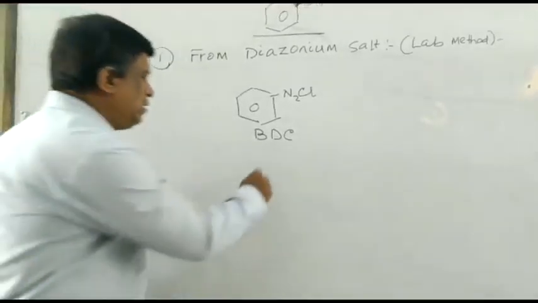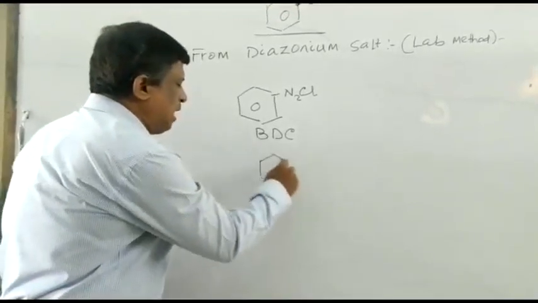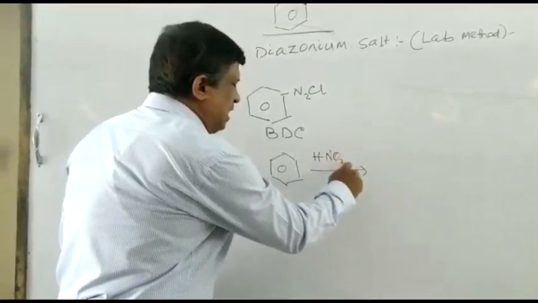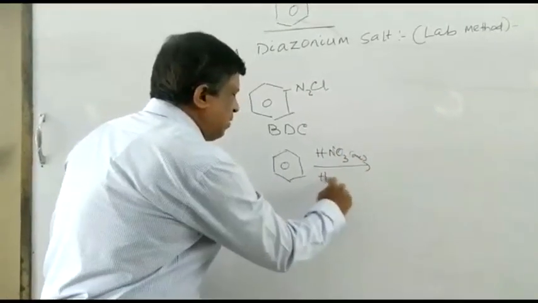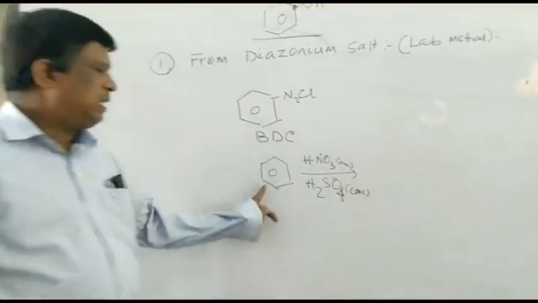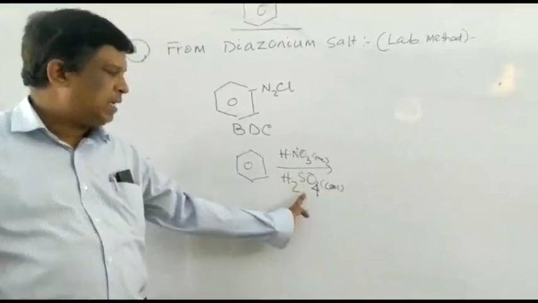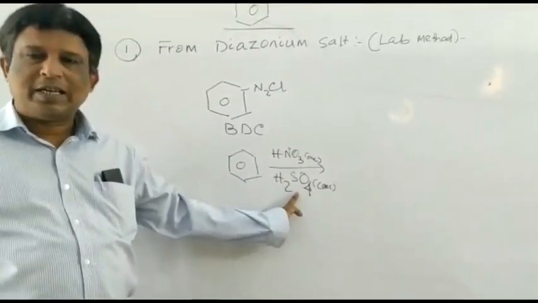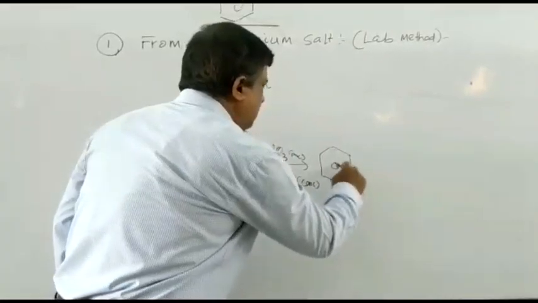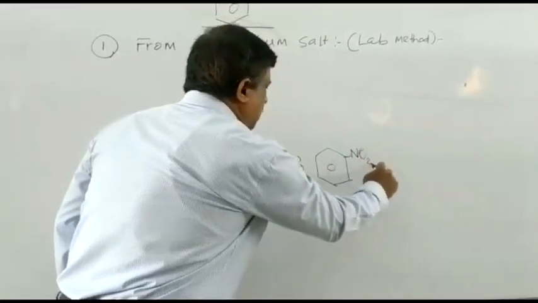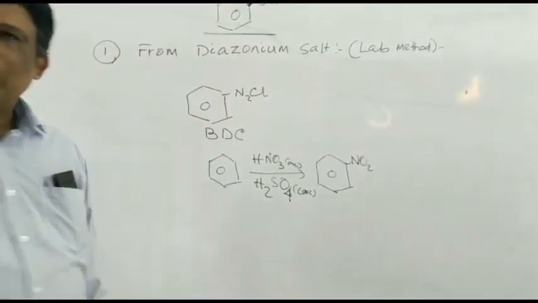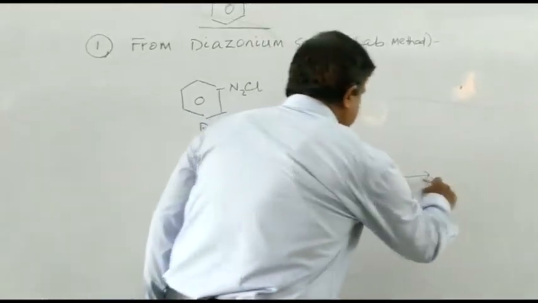When benzene undergoes nitration, that means it reacts with concentrated nitric acid in presence of concentrated sulfuric acid, nitrobenzene is formed, represented by the formula C6H5NO2.